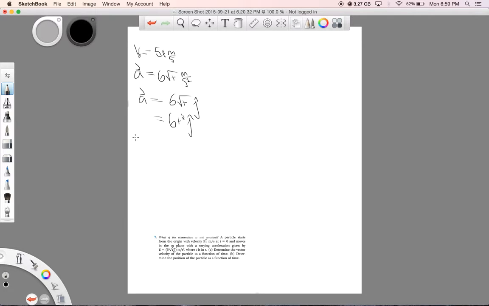So what we would do is we have the velocity vector is equal to, we're going to put 6, and then if you remember, for derivatives, what you would do is take whatever the exponent is and subtract 1. So if we're going to do the antiderivative, we're going to add 1. 6 times 3/2.